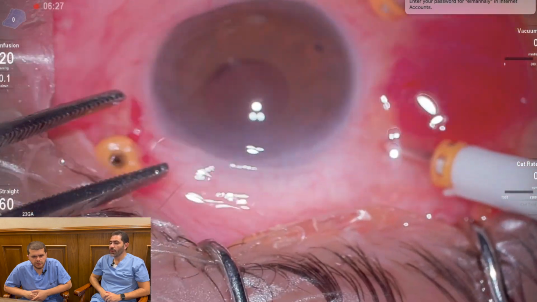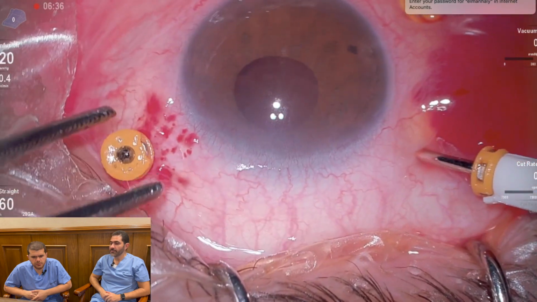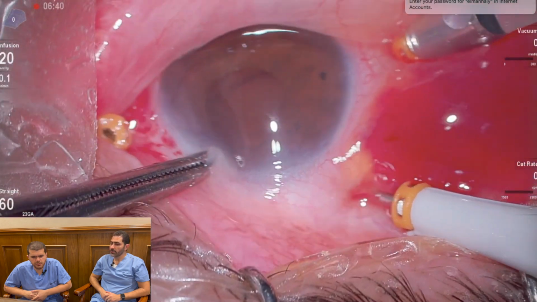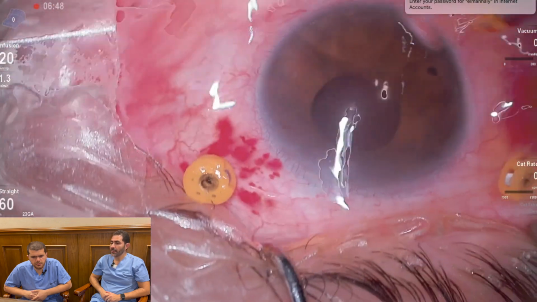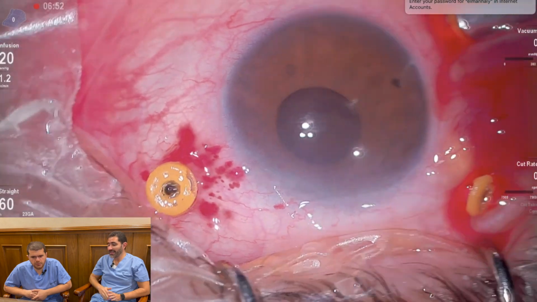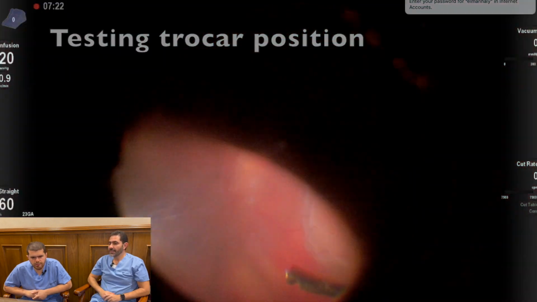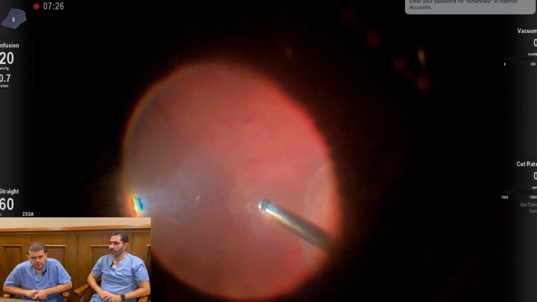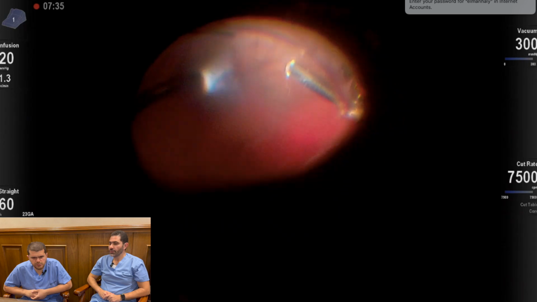So I replaced the trocar again in a different place. Due to the hypotony and choroidal detachment in this place, as we can see, it's hard to place the trocar. So I'm testing the passage of the light so we can start the surgery, and we're starting to do a regular vitrectomy.